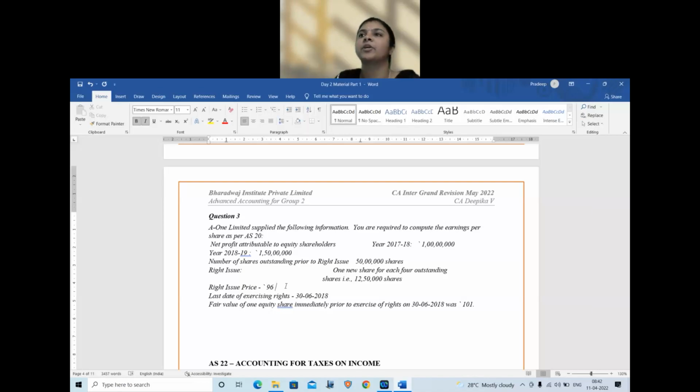So step 1, you are going to calculate number 1, theoretical ex-rights price, number 2, adjustment factor or rights factor.